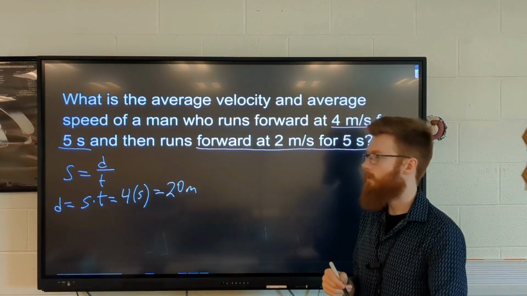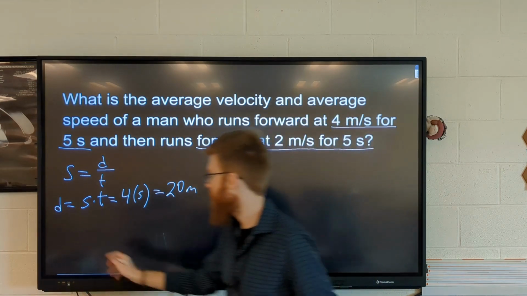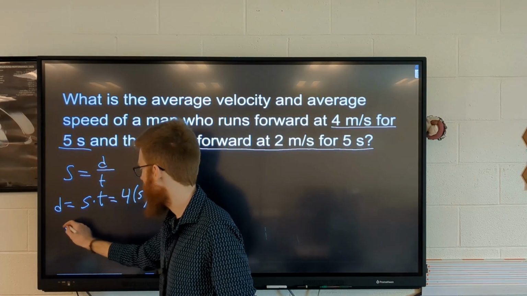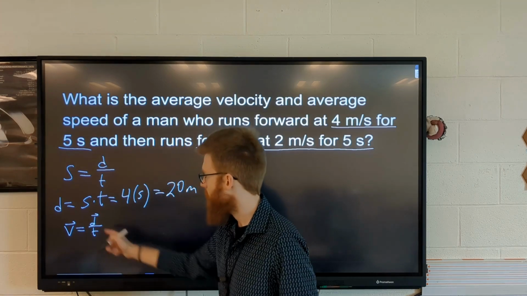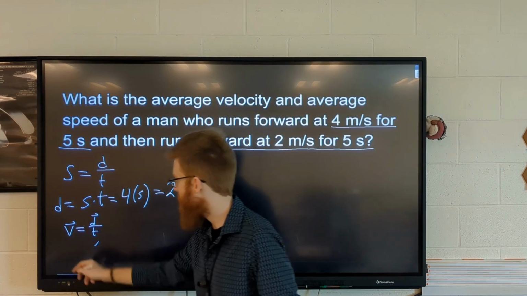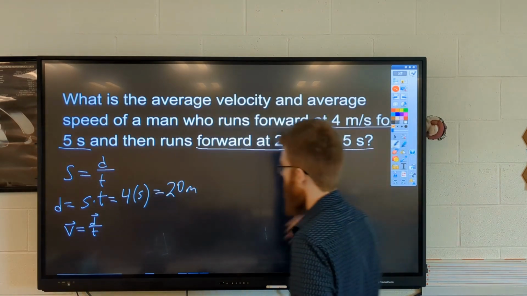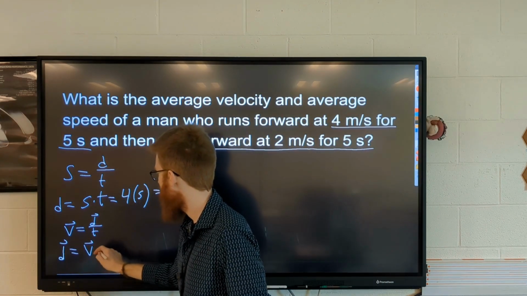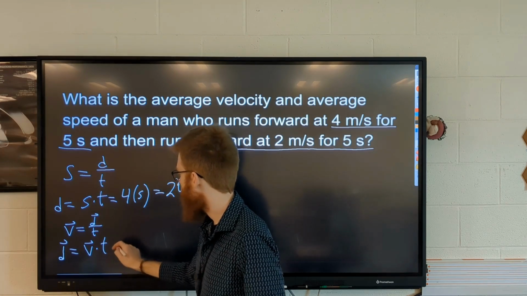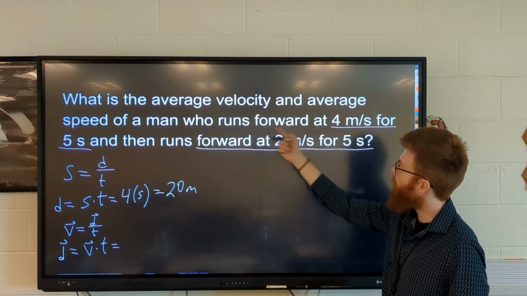And if I really wanted to be fancy with it, I could also use this to find my displacement. Say velocity is displacement divided by time. To get displacement by itself, multiply time up. And we'd get displacement is velocity times time, which is also 4 because it's just forward.